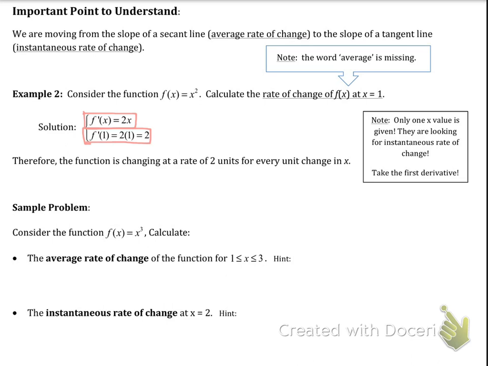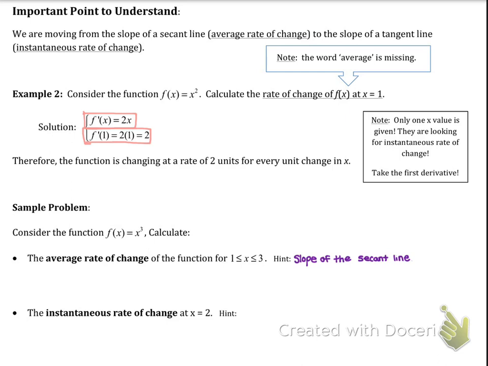So I'm going to add down here, when you see the words average rate of change, you're going to think the slope of the secant line. And the slope of the secant line is just going to be our typical change in y over change of x.